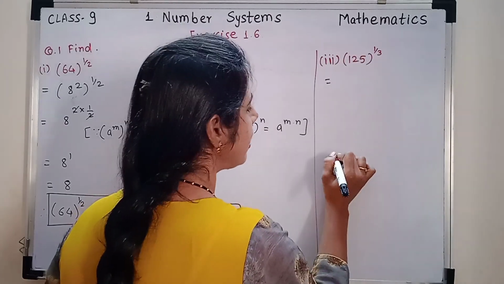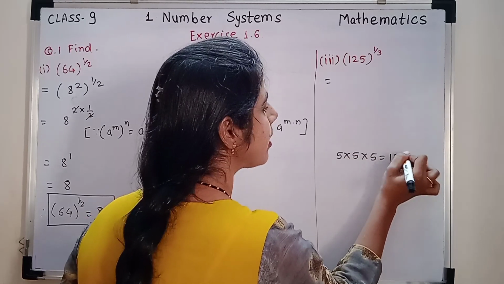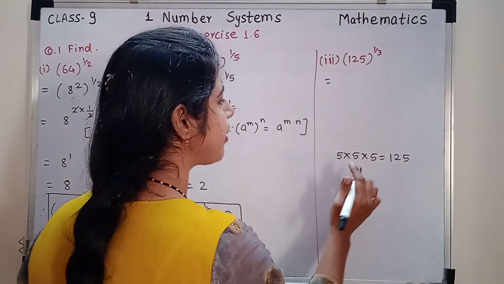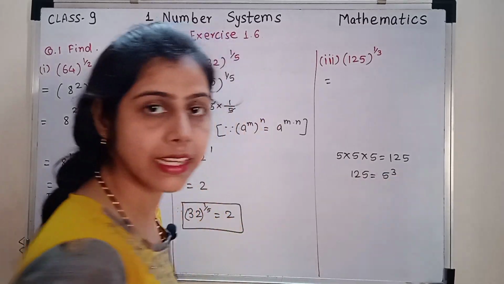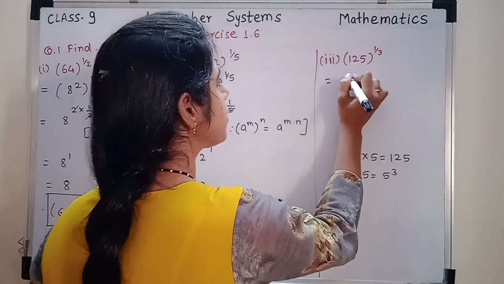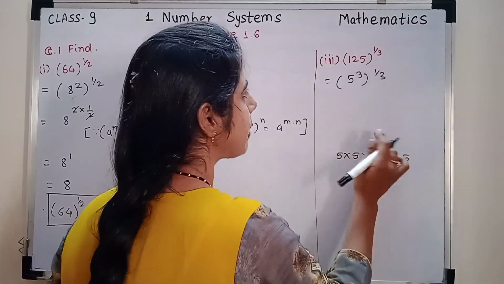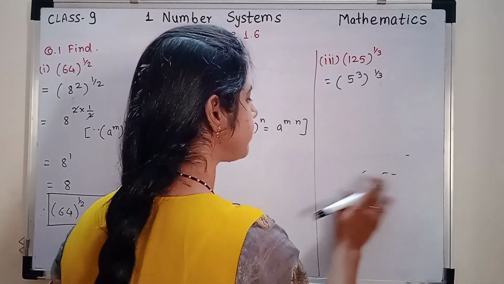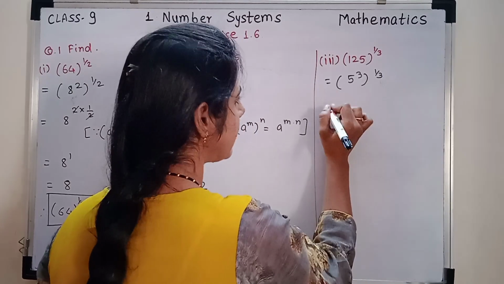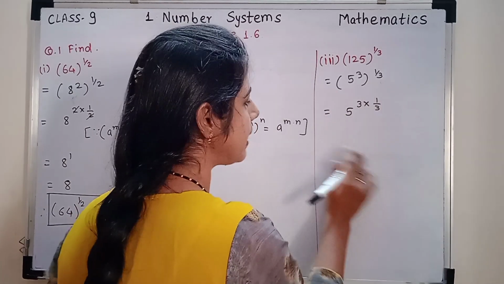Now with the next example, 125. If I multiply 5 three times, 5 into 5 into 5, what do we get? 125. And therefore 125 can be written as 5 cube. So this will be written as 5 cube, but raised to what do we have here, 1/3. Now we have just seen that if there is a power of a power, then the powers are multiplied.